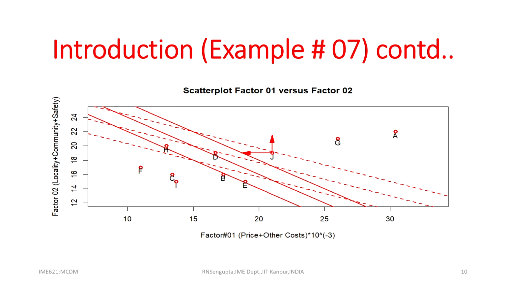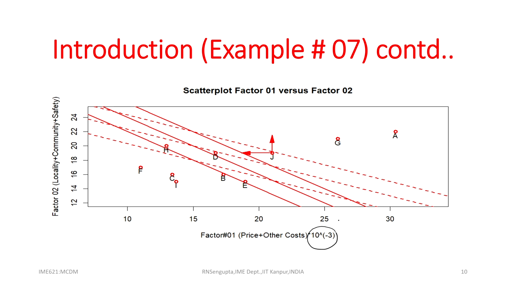Now, what do I do? I plot factor 2 and factor 1, which I have just highlighted in the 9th slide, and all the localities are marked by the points A, B, C, D, E, F, G, H, I. So, they would be 10, A to J. Now, if I consider factor 1 only, which is price and other costs, I have multiplied them by 10 to the power minus 3 in order to scale them down.